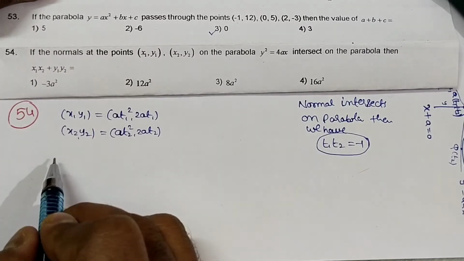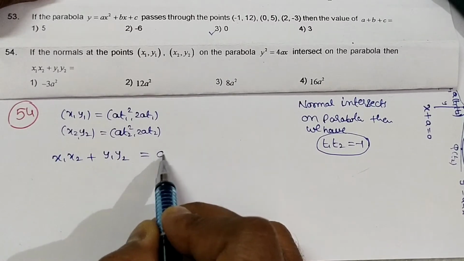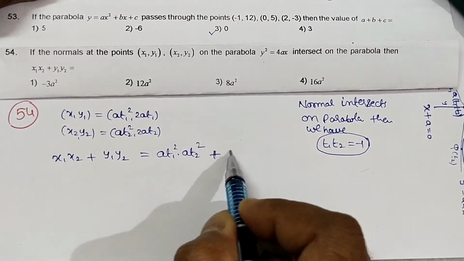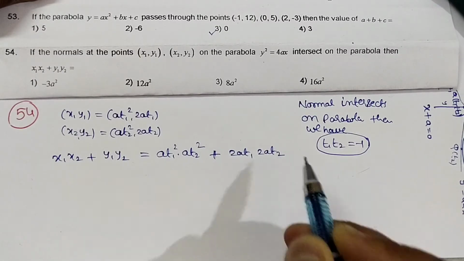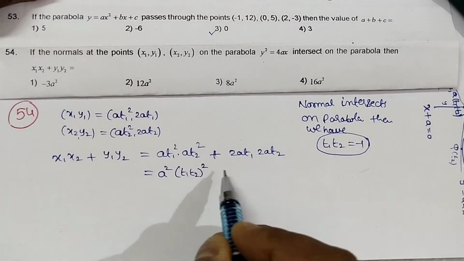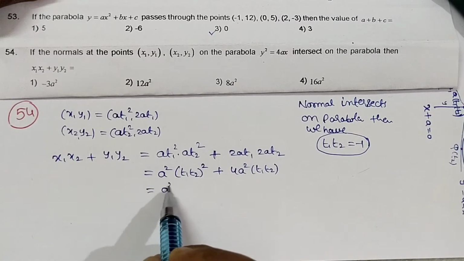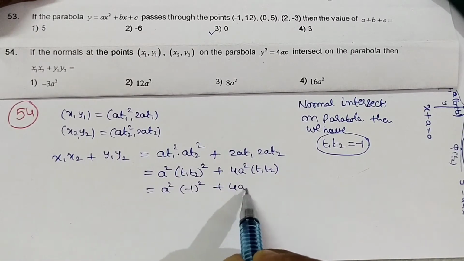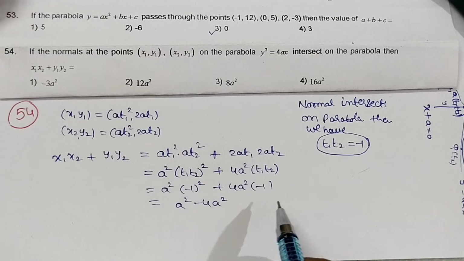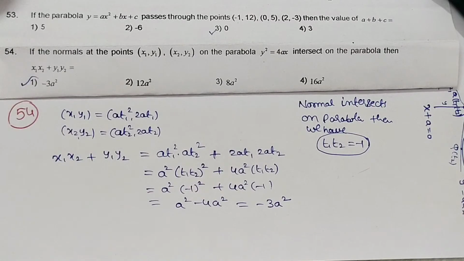So x1 x2 plus y1 y2 is at1 square into at2 square plus 2at1 into 2at2. So a square into t1 t2 whole square plus 4a square into t1 t2. So a square into minus 1 whole square plus 4a square into minus 1. So a square minus 4a square, which is equal to minus 3a square, which is the first option.